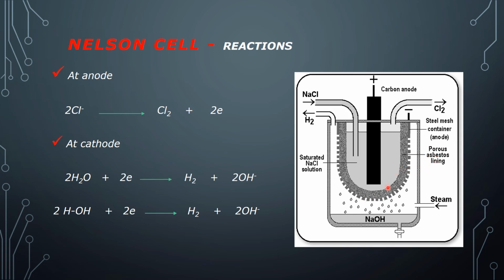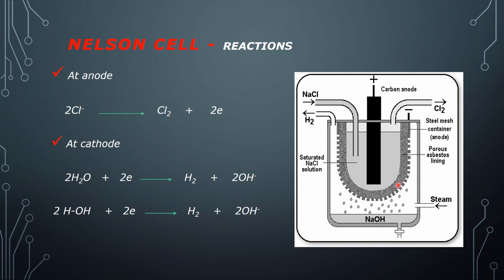First, they pass through porous asbestos lining, and then while passing through the steel cathode, water molecules are reduced, meaning they gain the electrons lost by the chloride ions and convert into hydrogen gas and hydroxyl ions.